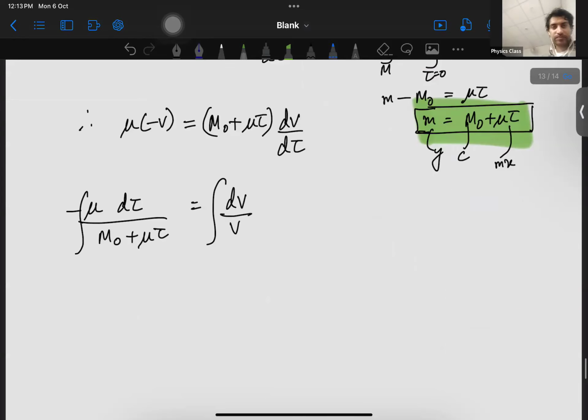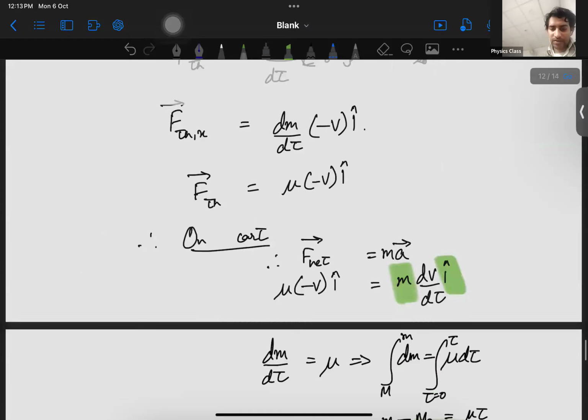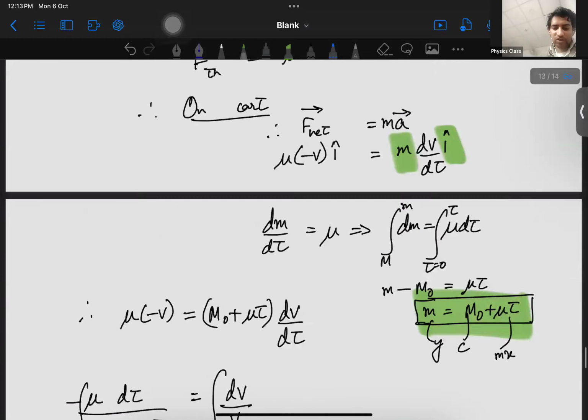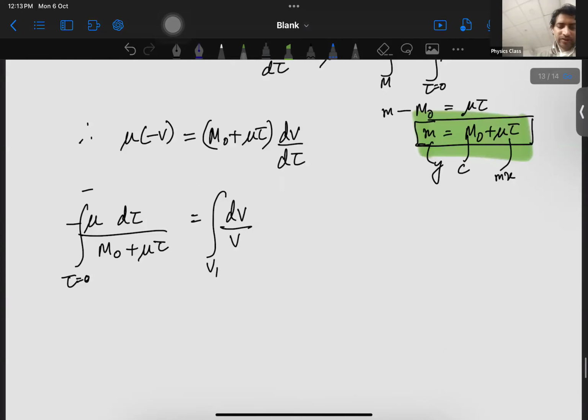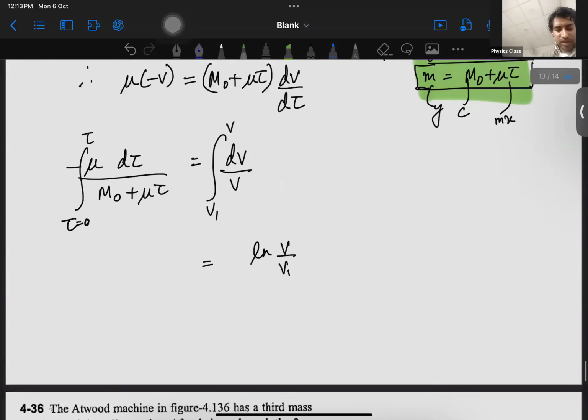Now let's integrate this one. On integrating this, what do you get? At time of t0, what was the velocity given to us? I think we took it as v1, right? Yes, initial velocity is v1. At any instant of time, the velocity is v. So therefore, this becomes natural log of v by v1. On this side, what do you have? Minus mu.